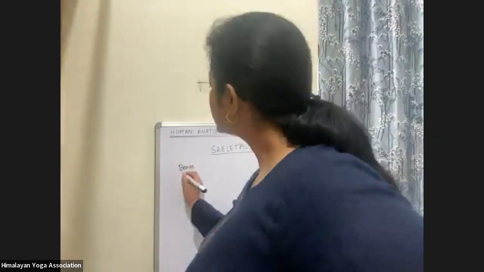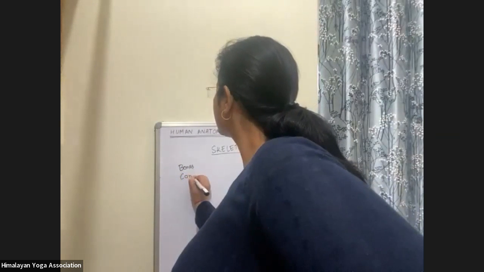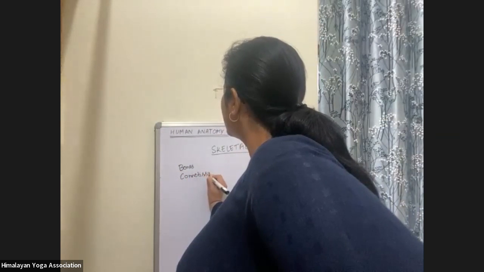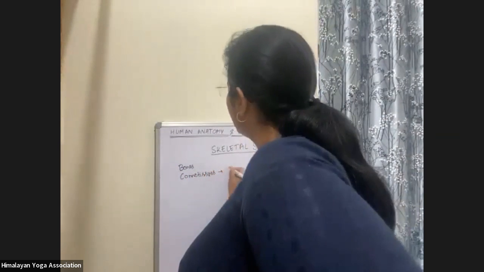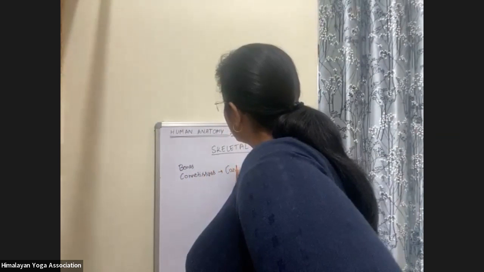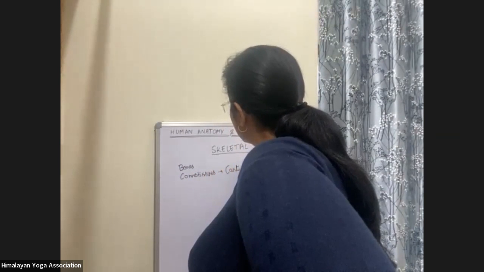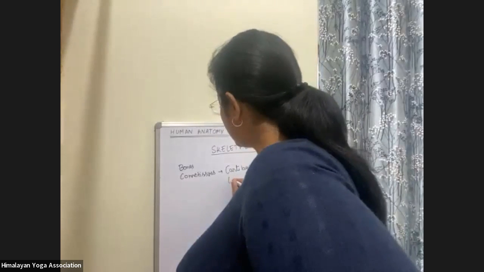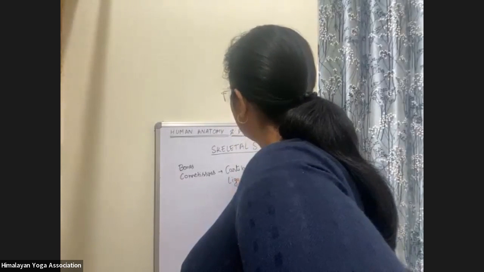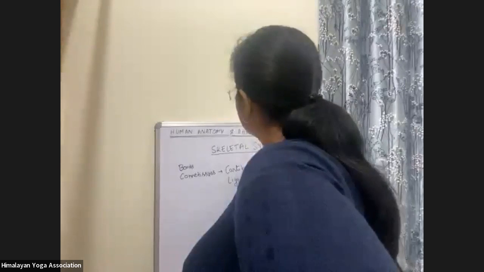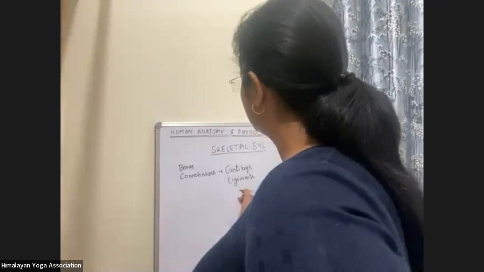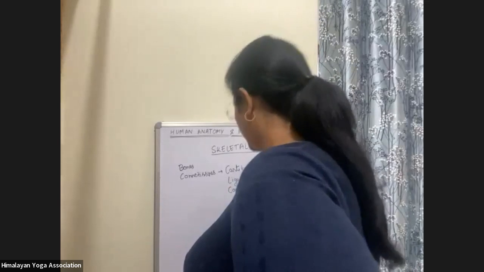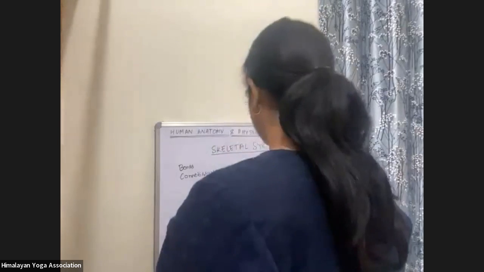Okay, the bones and connective tissues. What comes in those connective tissues? Like we have cartilage, tendons, and ligaments.